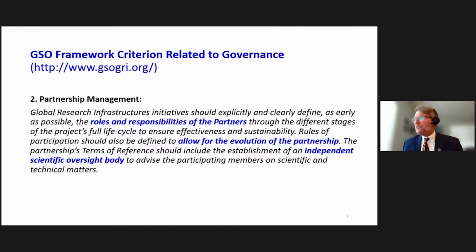As Heidi mentioned, the governance framework needs to be set up such that it can evolve over time. And one thing consistent across all of the governance models we looked at is independent scientific oversight bodies to help steer the direction of the GRI. So there's good alignment with most of the facilities we looked at with this GSO framework of good practice, Criterion 2.